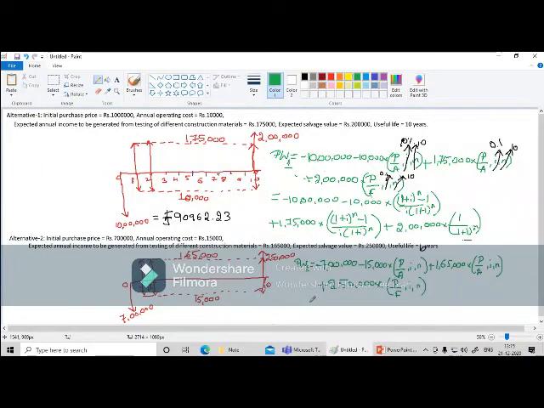I'll just explain how I have formulated this. I want to convert this complete cash flow to present worth. This 7 lakh is already in present. 15,000 has been distributed annually, so I need to convert it to present. I multiplied it by P by A. Similarly, this 1,65,000, which is annual, I need to convert to present.